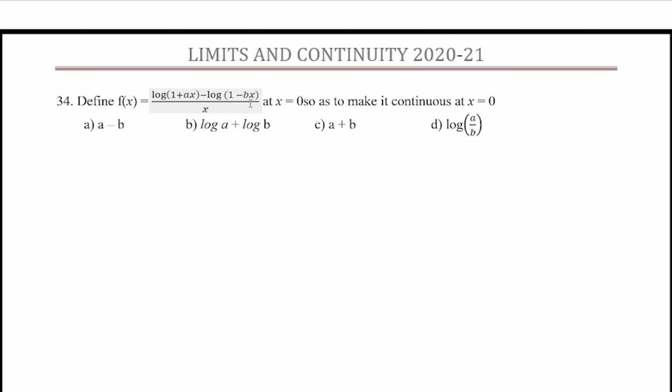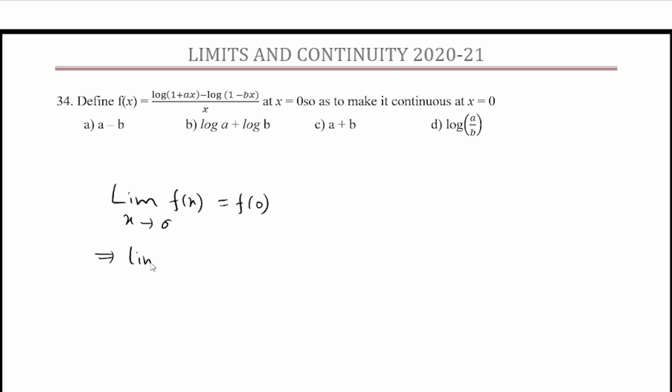Okay. Question number 34. Define f of x is equal to log of 1 plus ax minus log of 1 minus bx divided by x, at x not equal to 0, and f of 0 is defined so as to make it continuous at x equal to 0. Then find f of 0. So by the definition of continuity, limit of f of x as x tends to 0 is equal to f of 0.